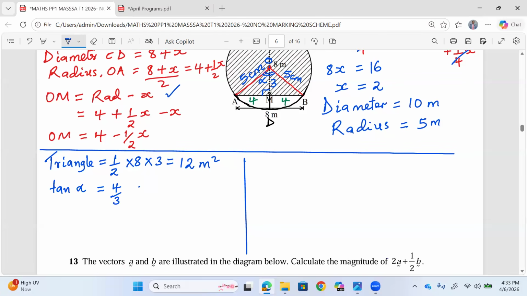If that is tan of the angle, then the angle itself shall be tan inverse of 4/3. Then you type that into your calculator: shift tan 4/3. This gives us exactly 53.13.